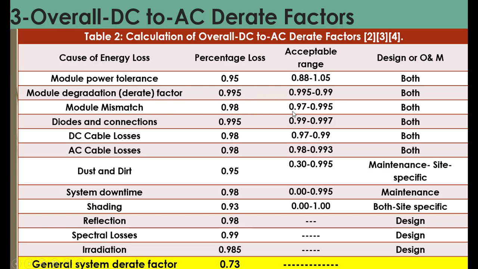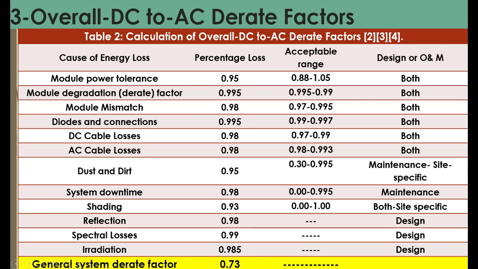Also, module mismatch, this value, diodes and connections, this value, DC cable losses, AC cable losses, dust and dirt, system downtime, also a cause of losses, and shading, reflection, spectral losses, irradiance. The important issue that we must keep in mind while making a design calculation is that the general system derate factor represents the multiplication of all these factors.